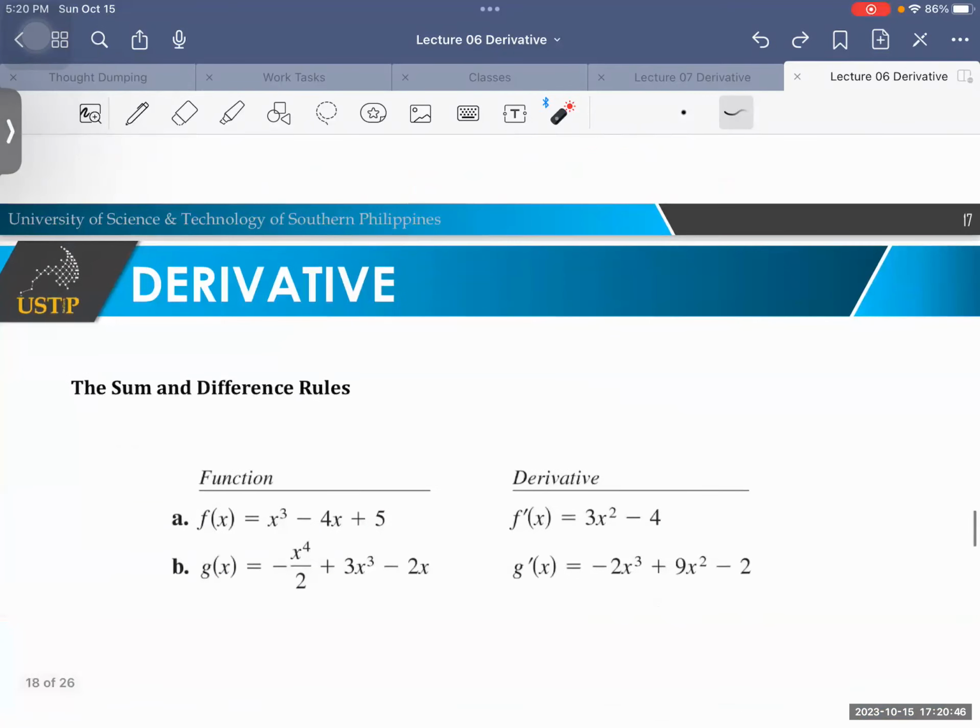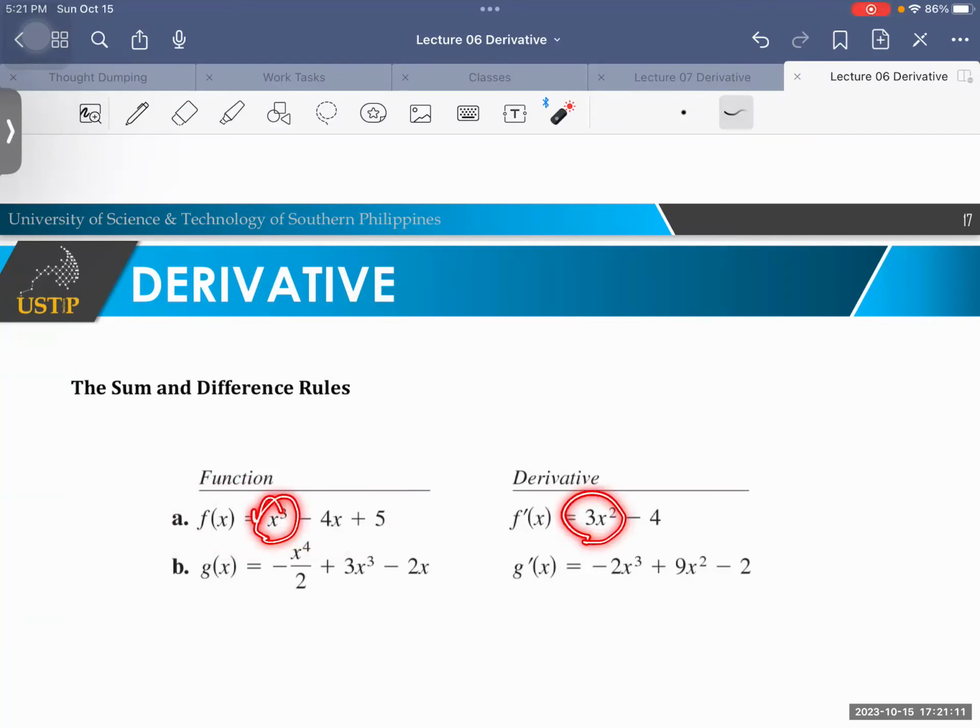Okay, next. Few examples na sa sum and difference rules class. So kani, akong gihimo ganina, di necessary nga butangan ninyo mga d over dx dira. Kung hasol kasi sa imo ang pananaw, okay ra. As long as kabalo ka, wala kay ma-miss dira o differentiate. So kini, f of x is equal to x cubed minus 2x squared minus 4x plus 5. So, x cubed, mahimo siyang 3x squared.